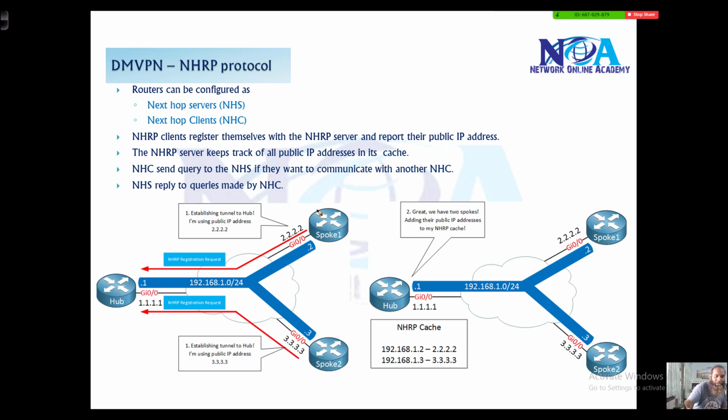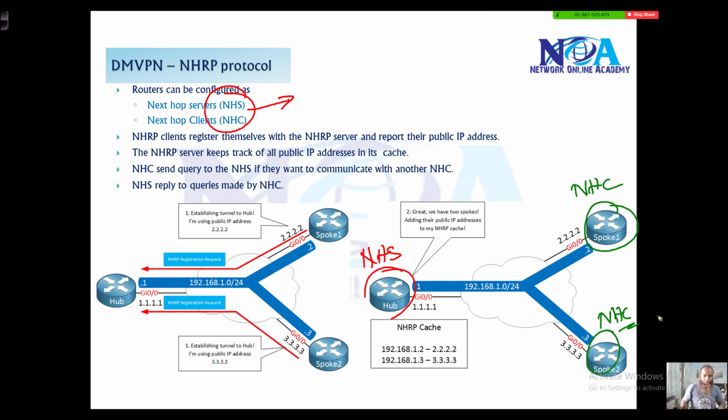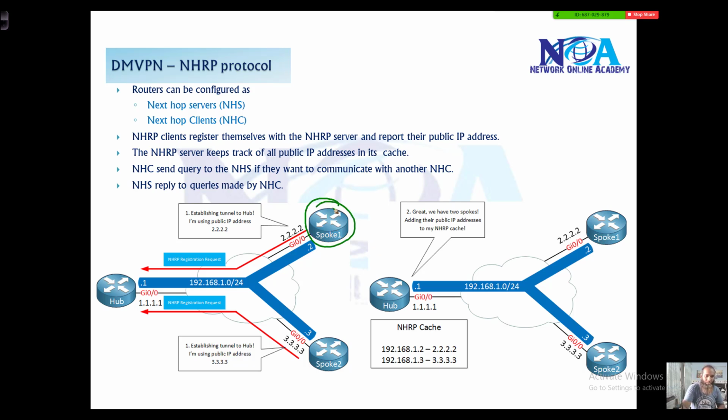In the case of the NHRP protocol, the routers can be configured as either next hop servers or next hop clients. So basically the hub router we call the next hop server, and the spokes we call next hop clients. The job of the next hop client is, let's say this is a spoke, every spoke has to register itself with the hub.